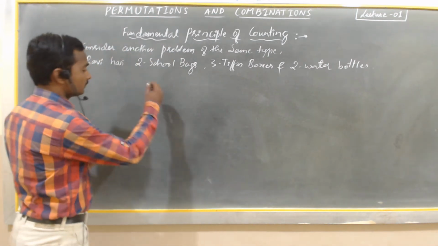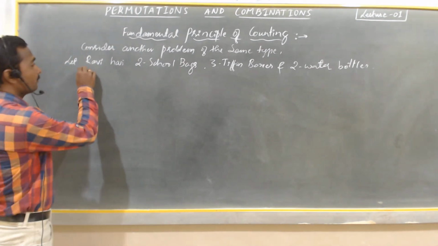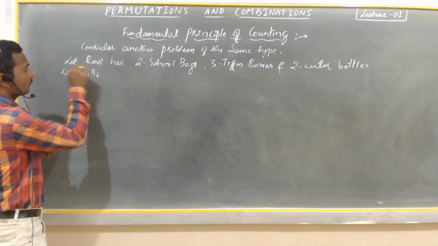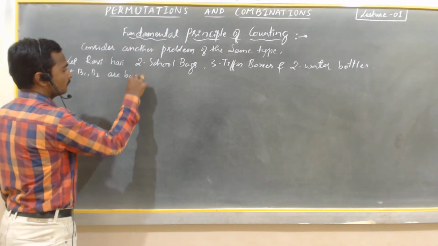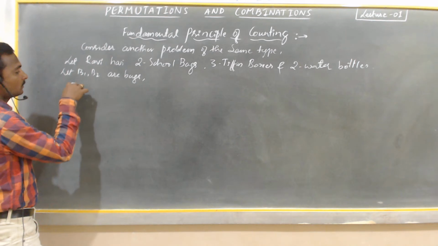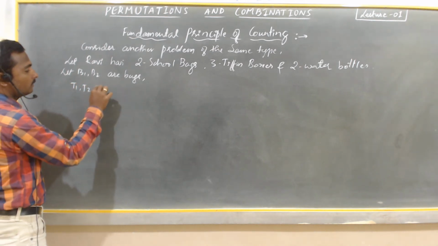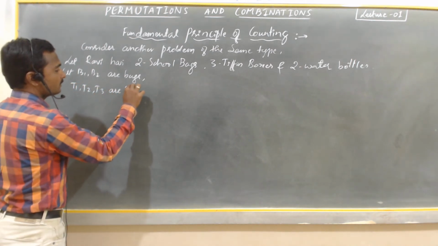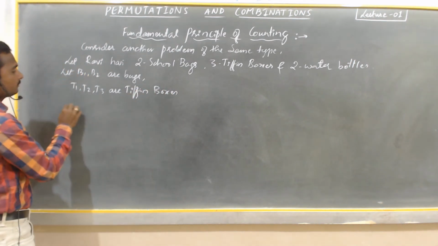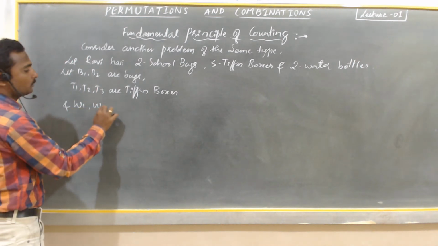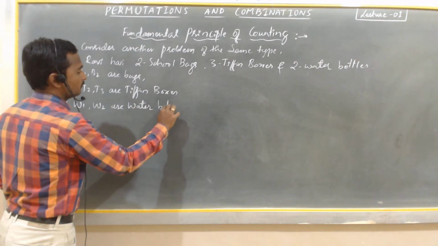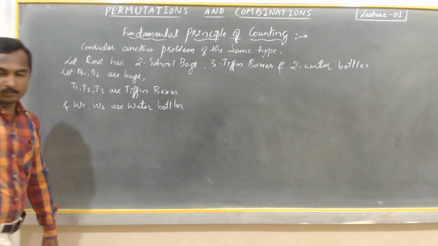So there are two school bags, let's suppose B1 and B2 are the bags, T1, T2, T3 are tiffin boxes, and W1, W2 are water bottles.